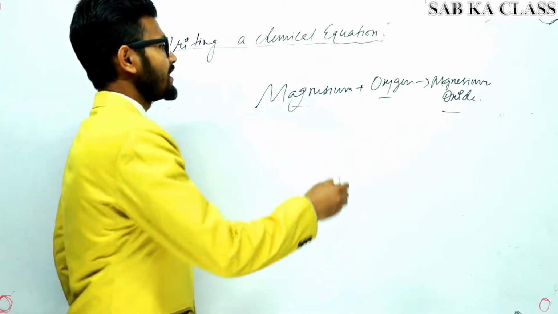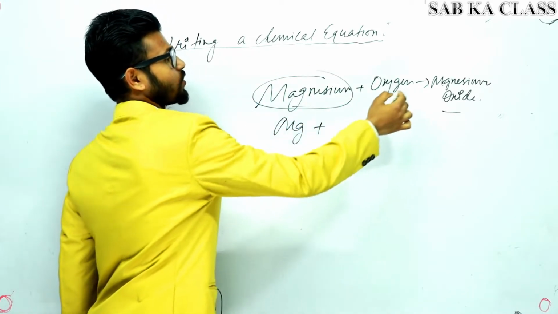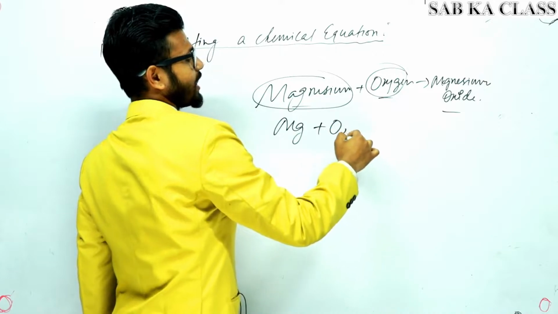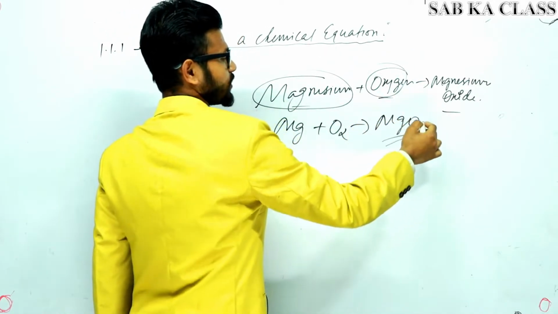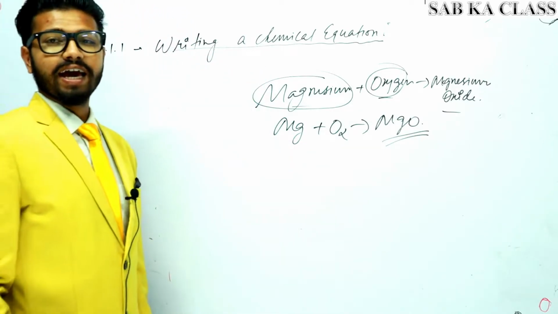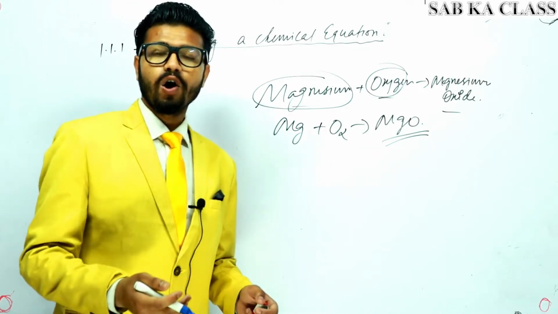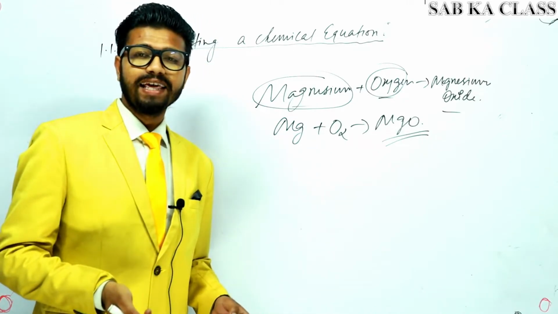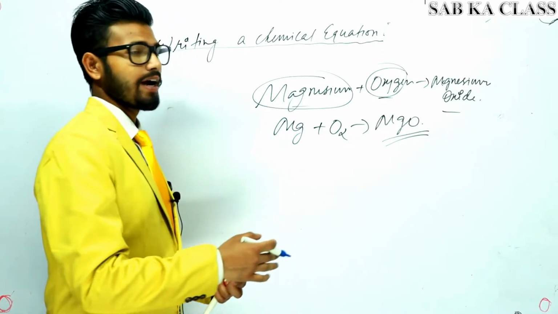Instead of writing magnesium, how do we write it? We write it as Mg, and that is the oxygen molecule. How do we write it? O2. And magnesium oxide, how do we write it? MgO. I hope it is clear. So how do we write a chemical equation? Instead of writing in words, we use symbolic representations. This is how we write.